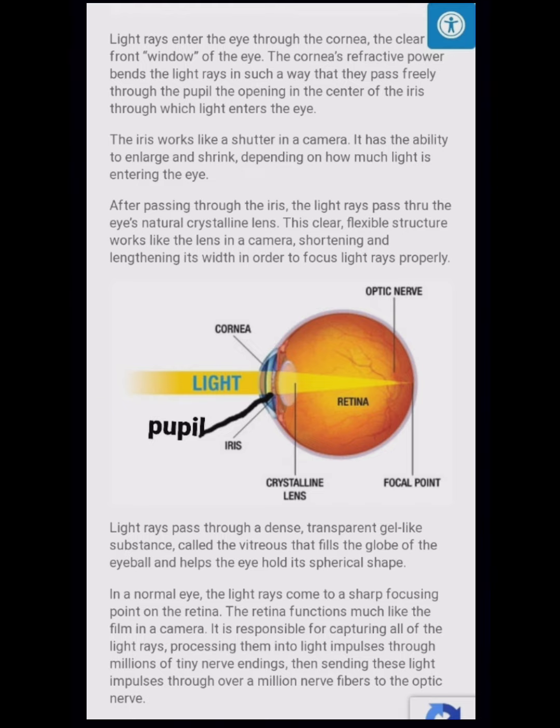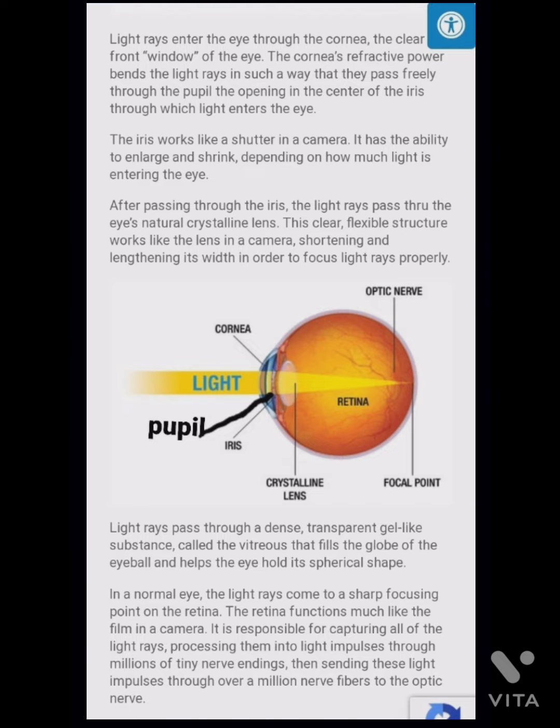Before closing this session, मैं एक बार फिर से repeat करता हूँ. Light enters through our cornea and then falls on the pupil. From the pupil it goes to the crystalline lens, and the light bends and passes through the vitreous fluid, which forms the spherical shape of our eyeball.